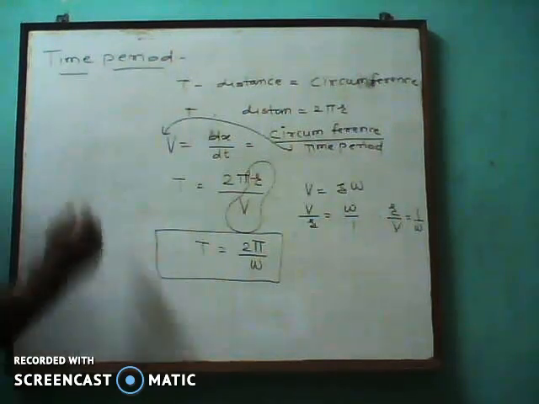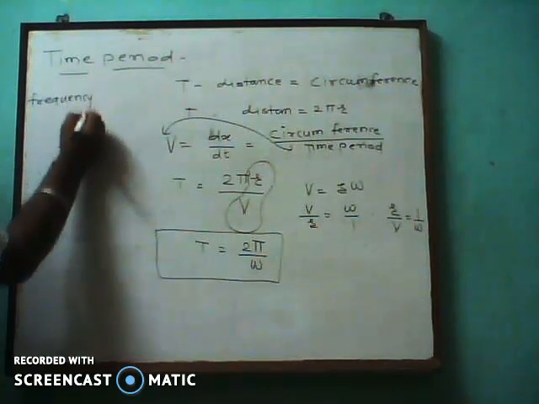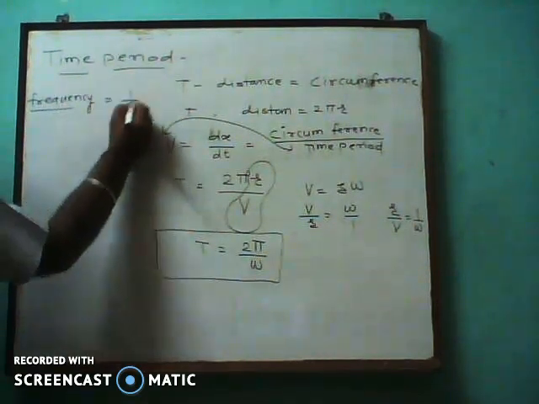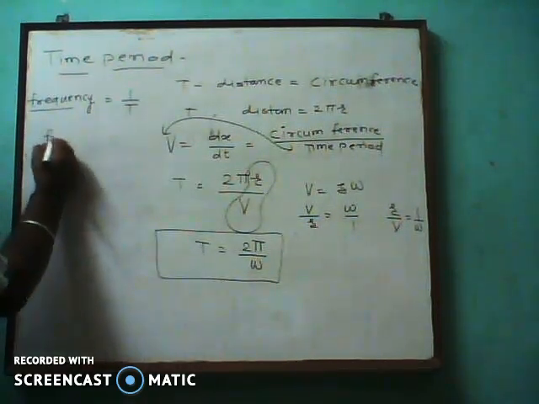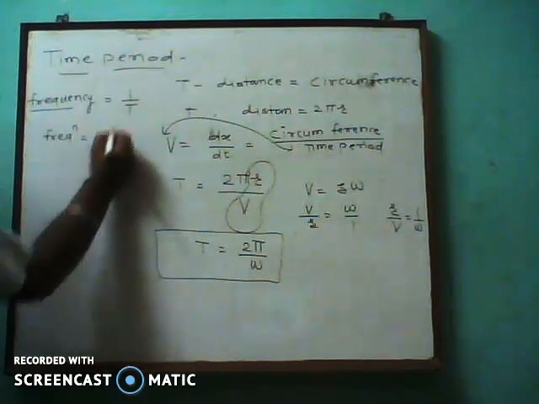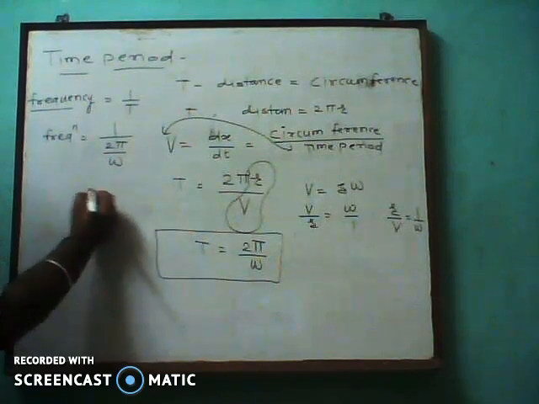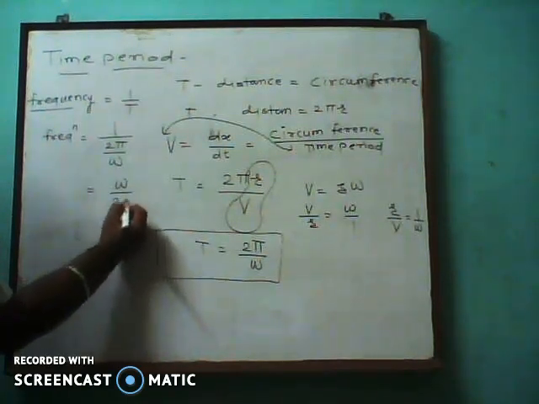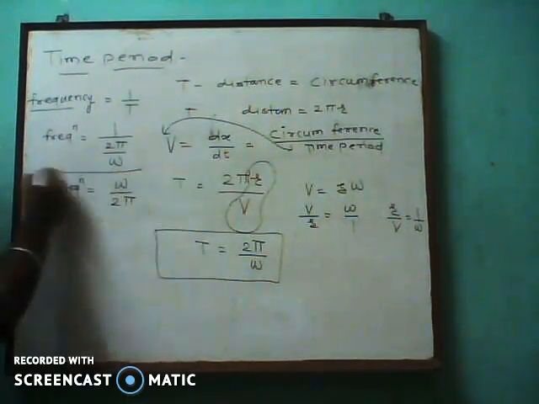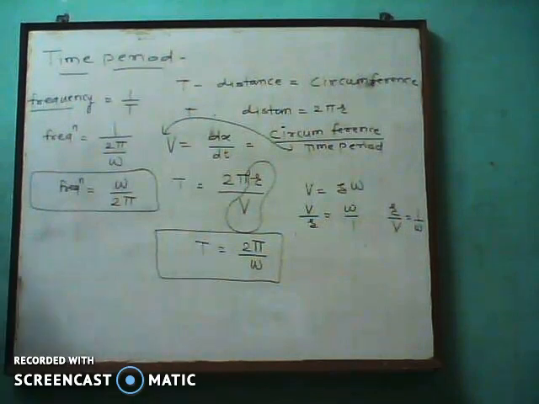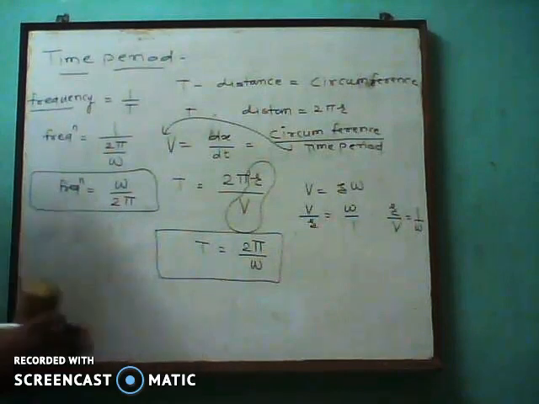We also know that the frequency of a particle is nothing but the reciprocal of time period. So frequency is equal to 1 upon (2 pi upon omega), which becomes omega upon 2 pi. Sometimes frequency is written as f, sometimes as n.